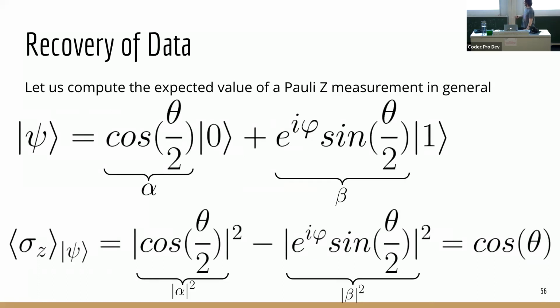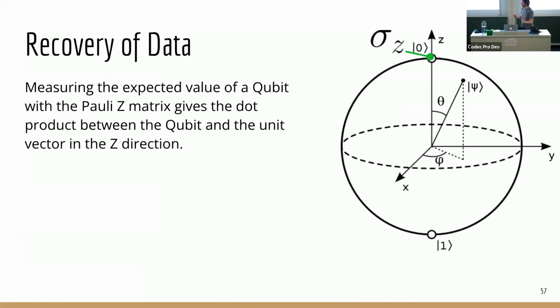Additionally, we have this very interesting result, which is that if you look at what the expected value of the Pauli Z matrix should be, it should be equal to the cosine of theta, where theta is the same theta which parameterized our qubit psi. I leave that to you as an exercise to work through.